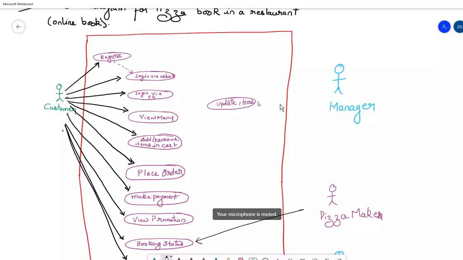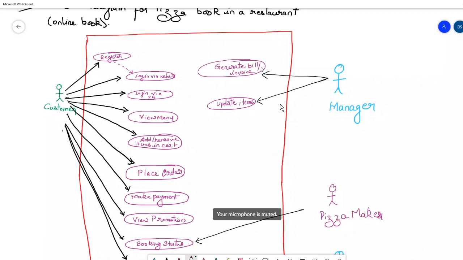One more work he would do: whenever any order is placed, he generates the bill or the invoice. So we can say generate bill or invoice.